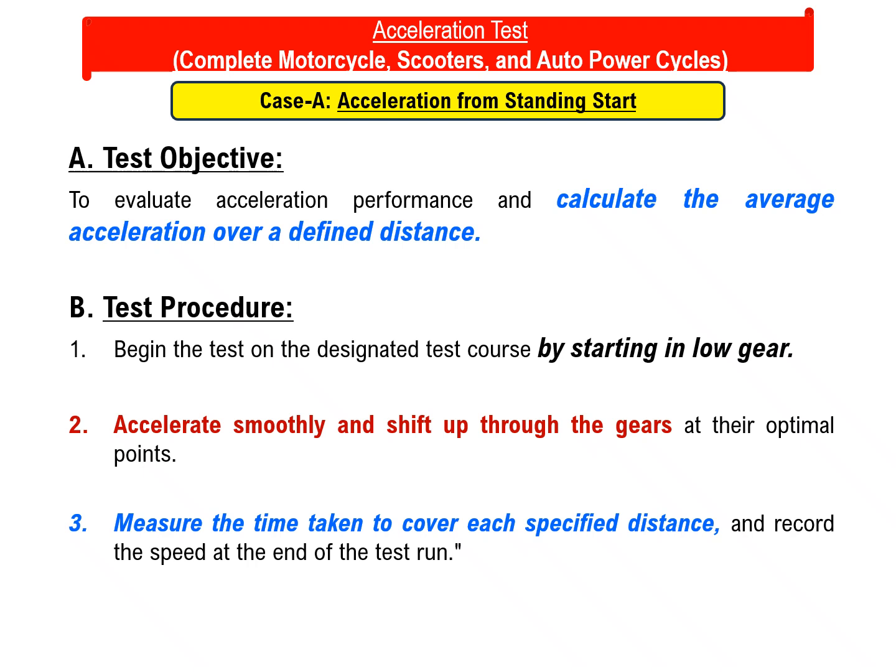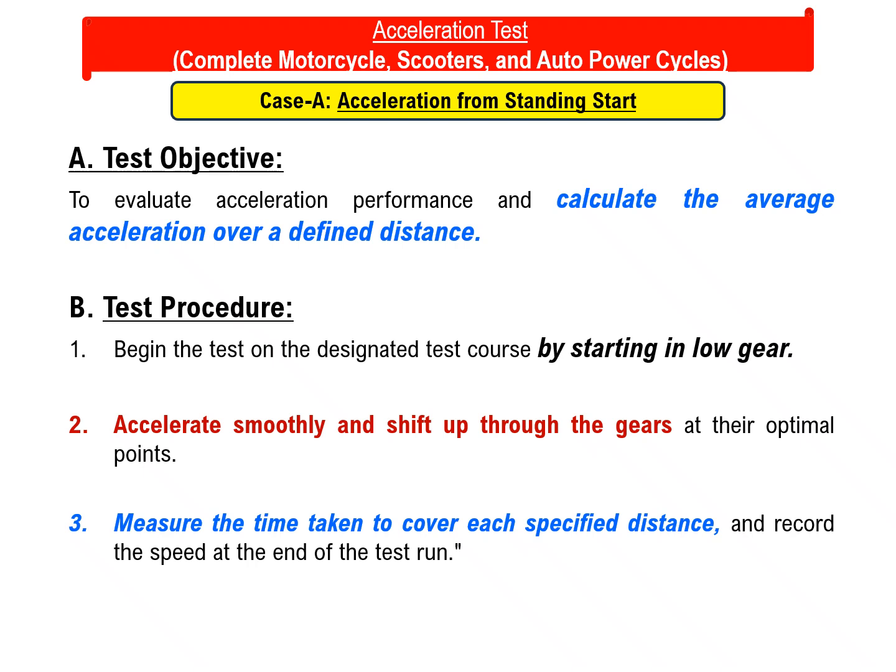The test objective is to evaluate acceleration performance and calculate the average acceleration over a defined distance. The test procedure is to begin the test on a designated test course by starting in low gear. Accelerate smoothly and shift up through the gears at their optimal points.